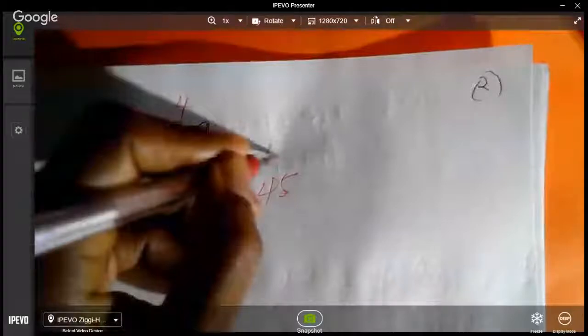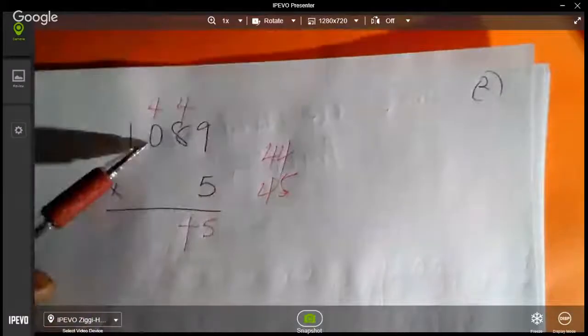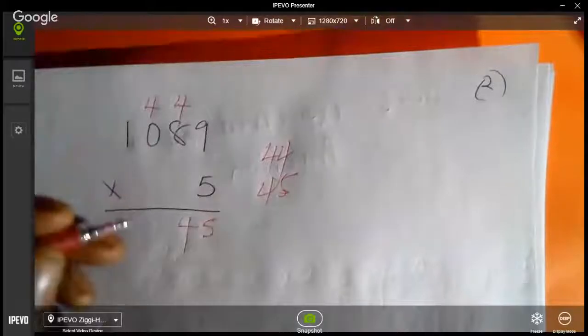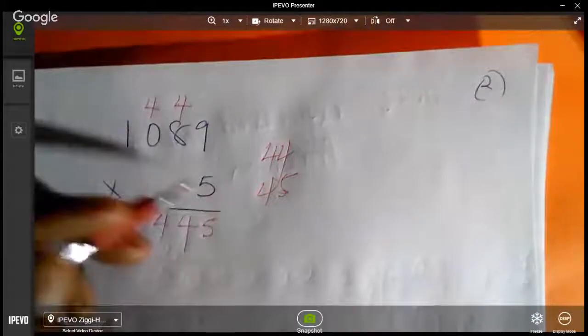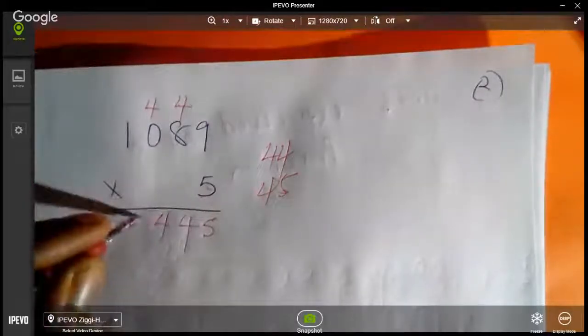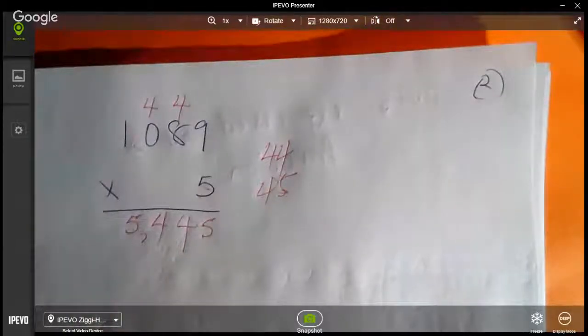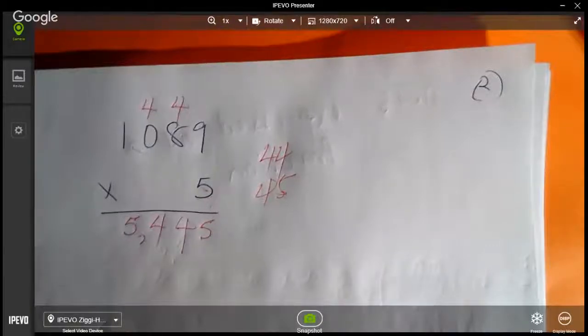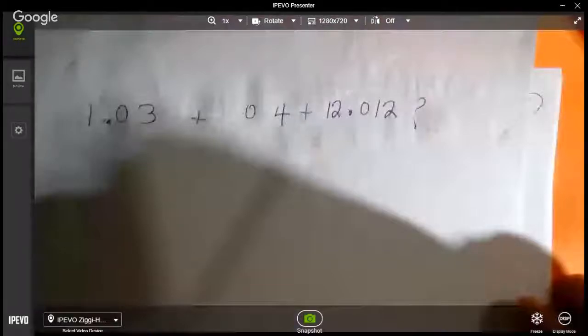So we're going to write 4 and carry 4. And 5 times 0 is 0, and 4. 4. And 5 ones would give us what? 5. Answer, please. 5,449. Okay. Let's look at that problem.